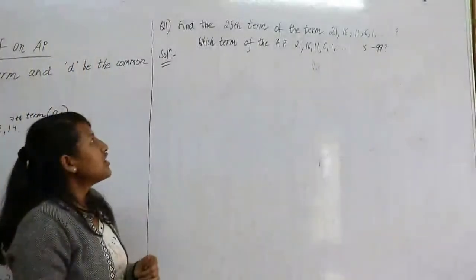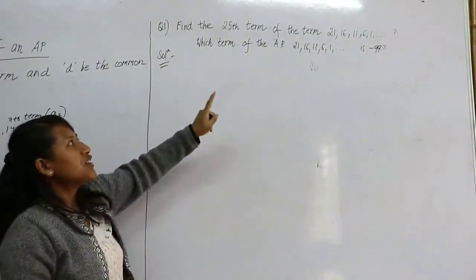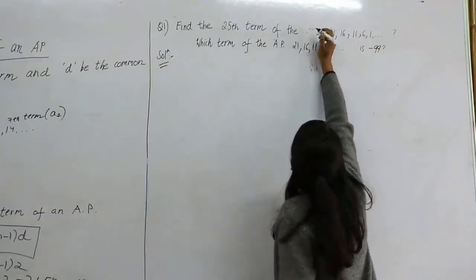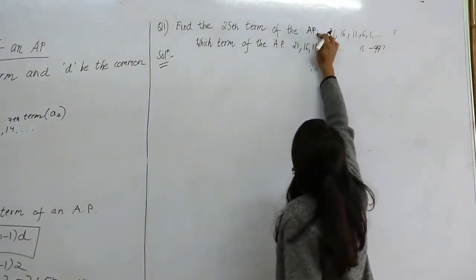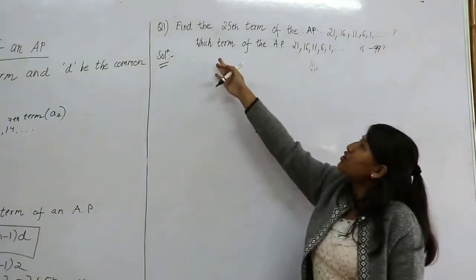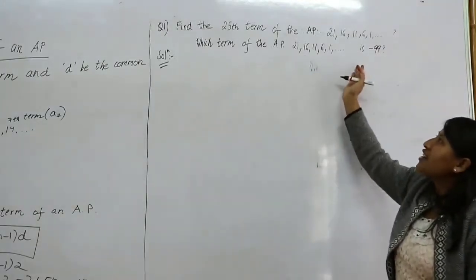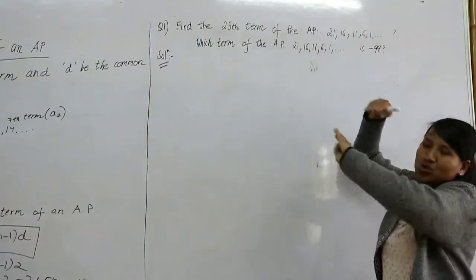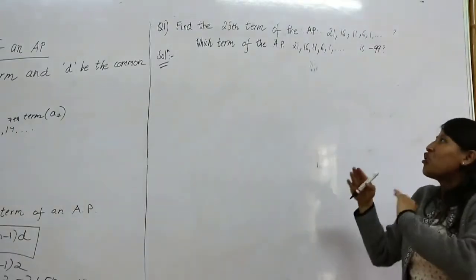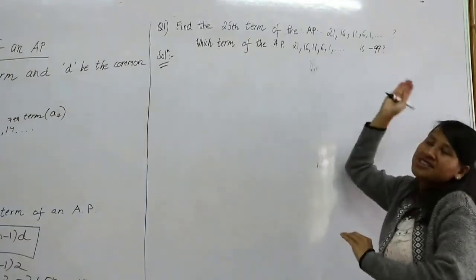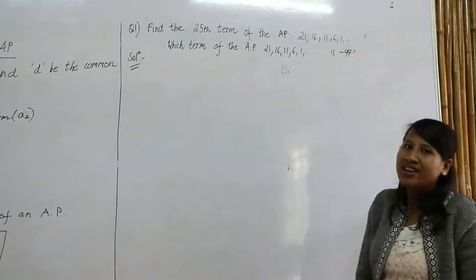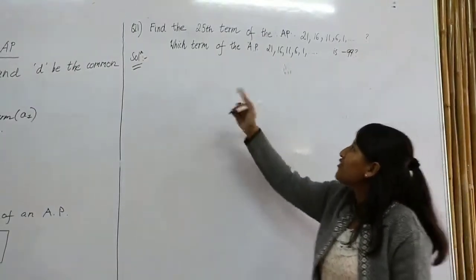The question: find the 25th term of the AP, and then find which term of the AP is connected. I'll show you why. Normally students always get confused with the second one. They can do the first one very easily, but the second one they find very difficult.